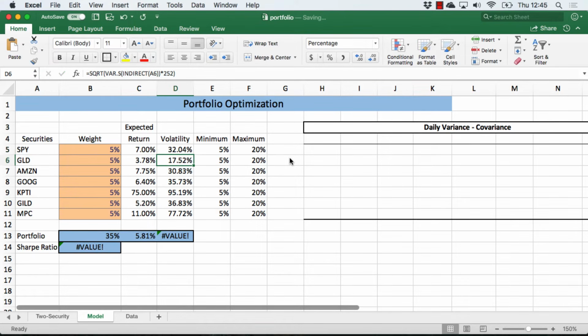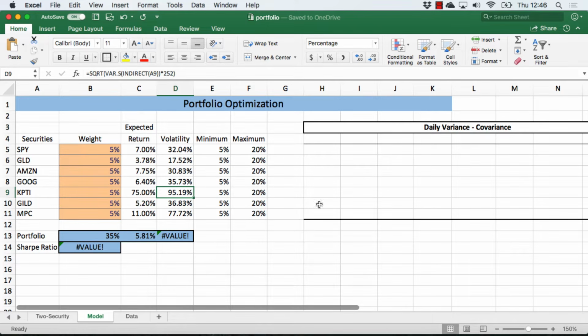And at the time that I'm creating this model, we can see that there's a lot of volatility in the market. We have stocks that are essentially suggesting that they could go to near zero or could double. So this again is just highlighting the weakness of using an optimization model with historical data.